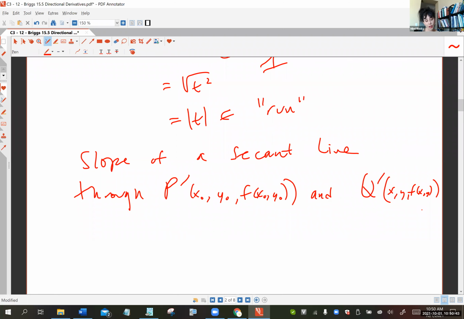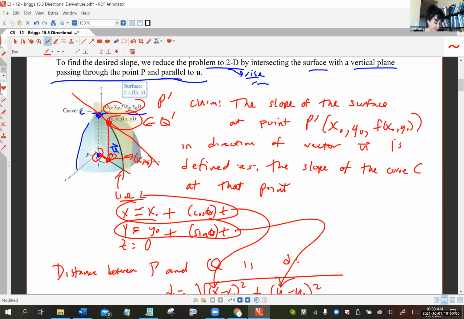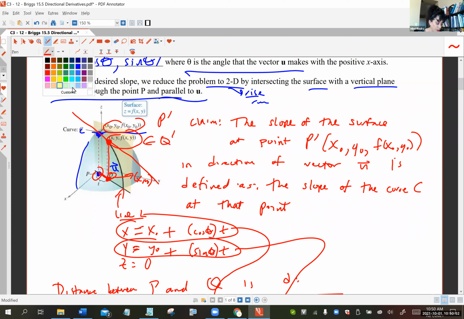What is a secant line? Well, it's something that you wish were the tangent line, but it isn't. And you did something similar to that in a Calc 1 class. So the secant line through those 2 points, I really want to get the tangent line to my point P naught. So this is what I really want, because the real slope is this tangent line. But a good approximation to that tangent line would be the secant line, which goes through these 2 points like this. That's the secant line.